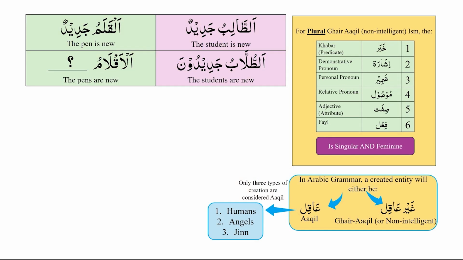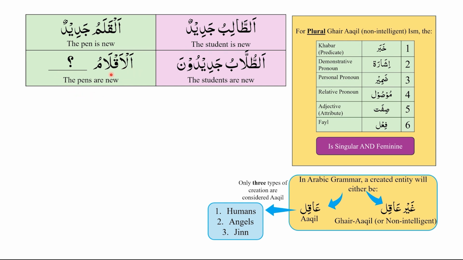So here we have the same example. At-tullabu jadiduna. The students are new. The pens are new. We will say al-aqlamu for mubtada, but for khabar, what should we say? Should we say jadiduna here as well?